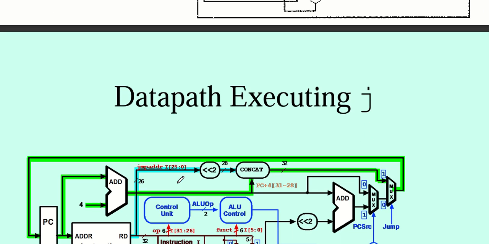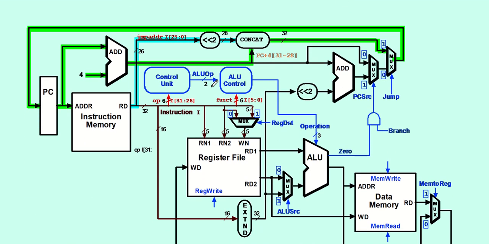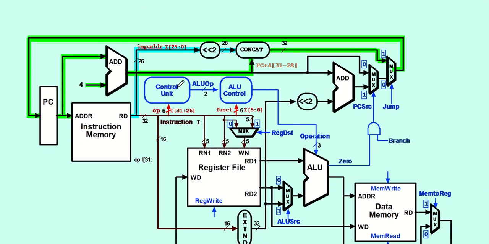The diagram is not clear, but if you are doing a jump instruction, the mux here will be selected, highlighted. That mux enables us to pick from here instead of taking from either branch or PC plus 4. So this lower one is either branch or PC plus 4, and this higher one is only jump.